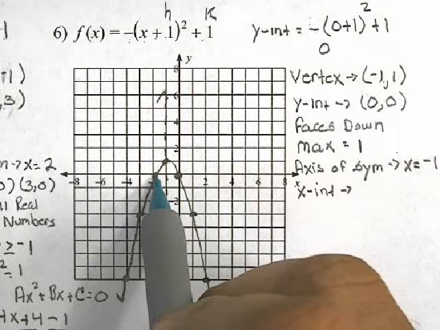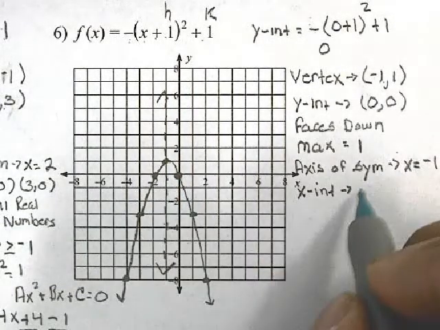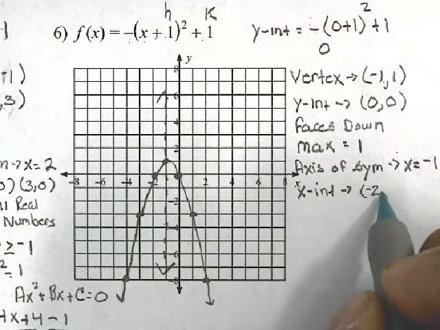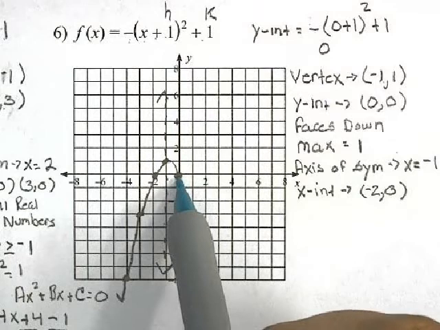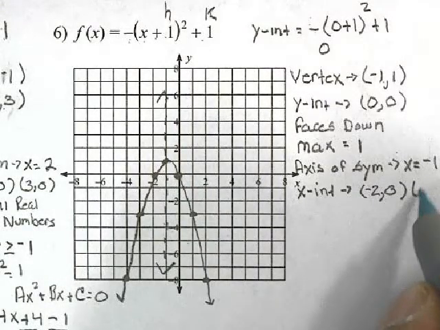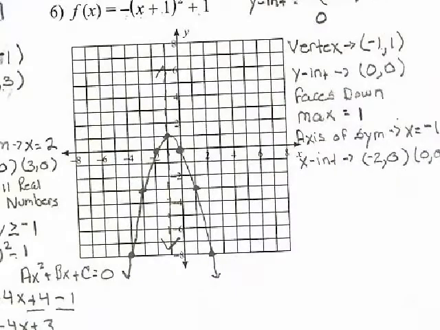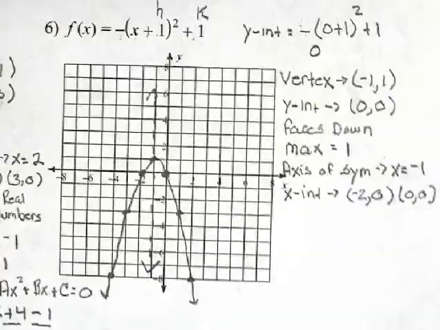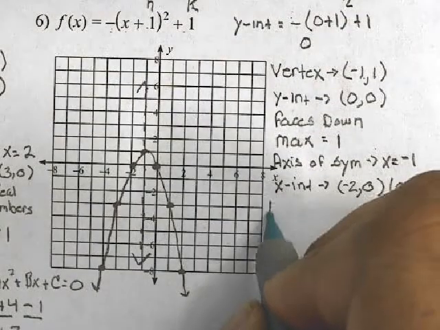It's where it crosses the x-axis. So, one spot is -2, 0. Now, the origin can be the y-intercept and the x-intercept. So it's at 0, 0. That's another one. Okay.